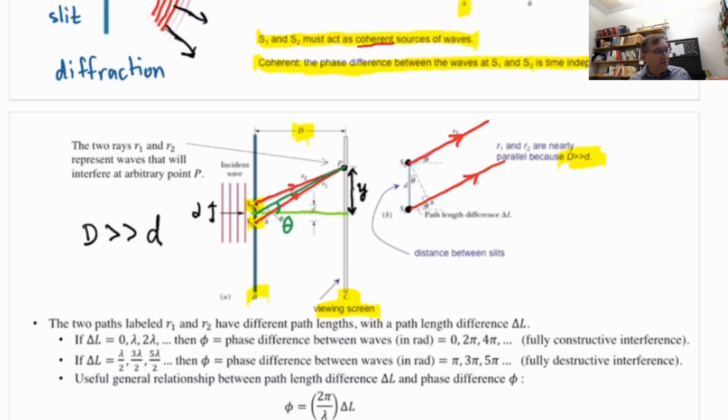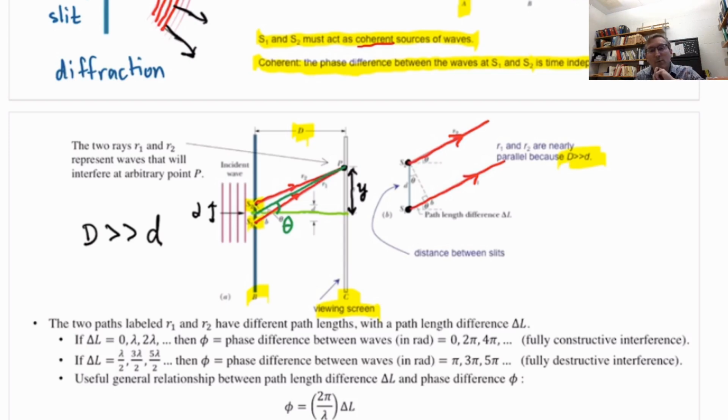All right, so here's the first big question. Why do we see interference on the viewing screen at all? Okay, why do we see alternating bright, dark fringes on the viewing screen? It's because the two slits act as two coherent sources.